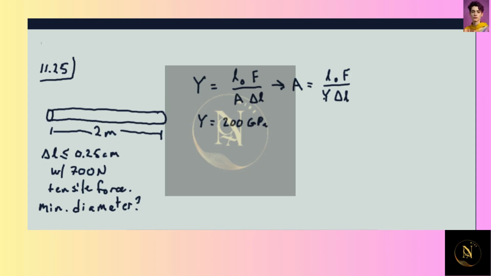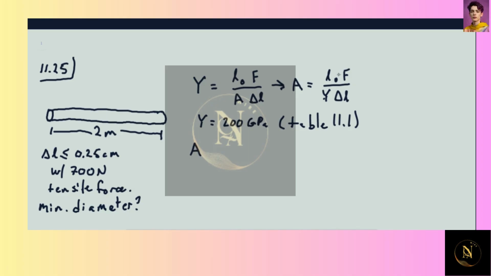So that's a convenient thing to know if you're calculating things that involve the mechanical properties of steel. You can find this in table 11.1 in the book.